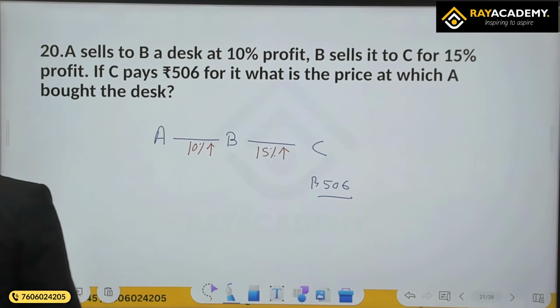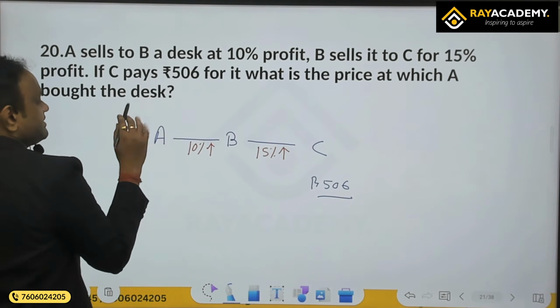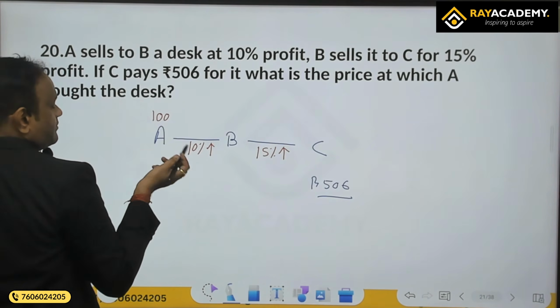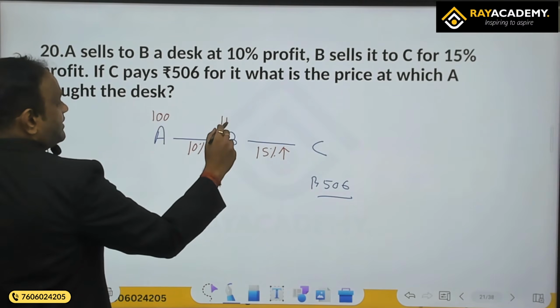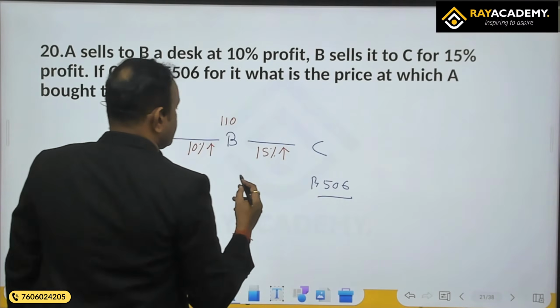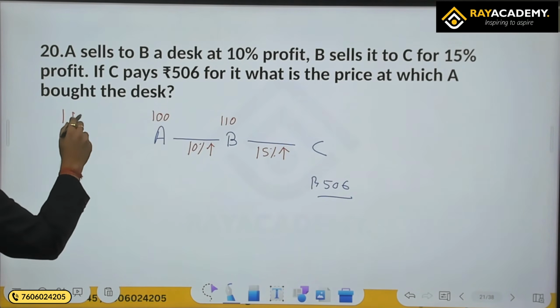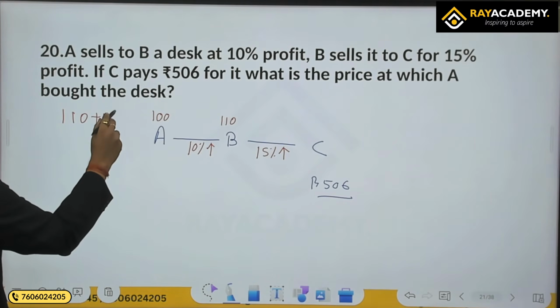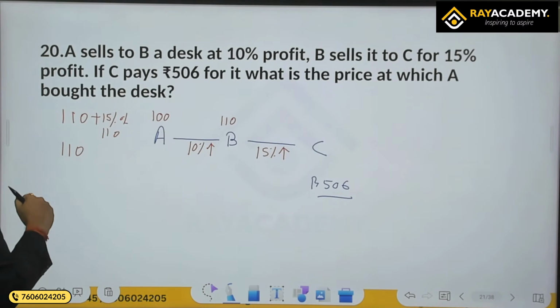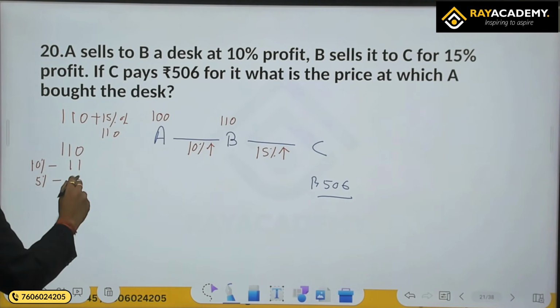So what we can do is assume. Suppose A's cost price is 100. B's cost price is 100 increased by 10%, that is 110. For C, the cost price is 110 plus 15% of 110. How do we calculate 15% of 110? 10% of 110 is 11, 5% is 11 by 2, that is 5.5.